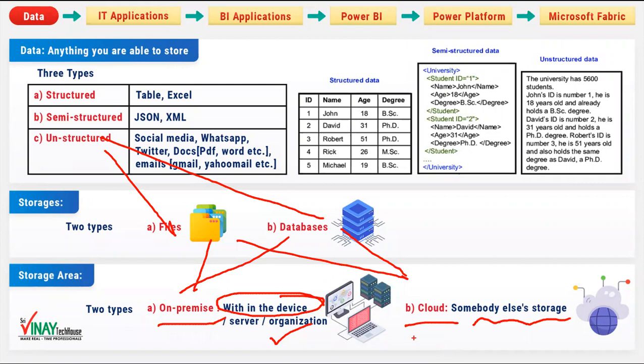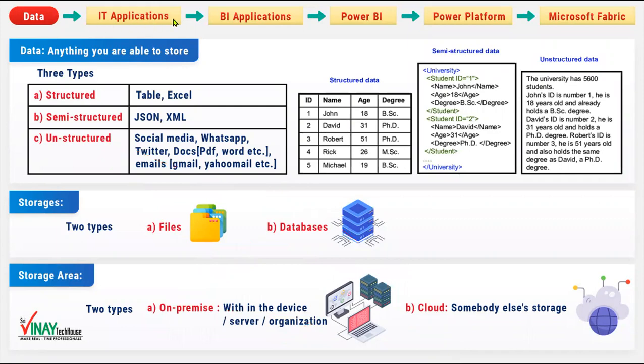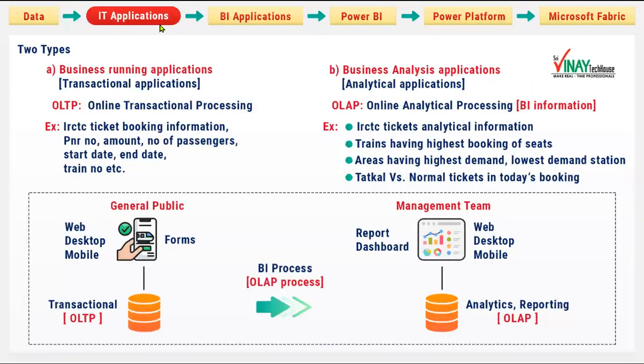So this is about data understanding. And this data we use in IT applications. IT applications are of 2 types: one for business running, one for analysis. Business running people use forms, web forms, desktop forms, or mobile forms.